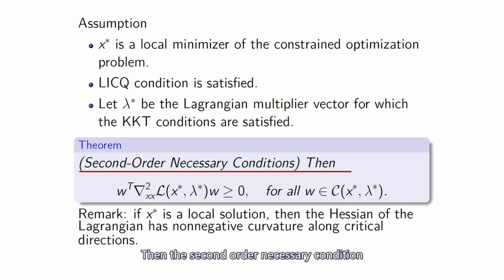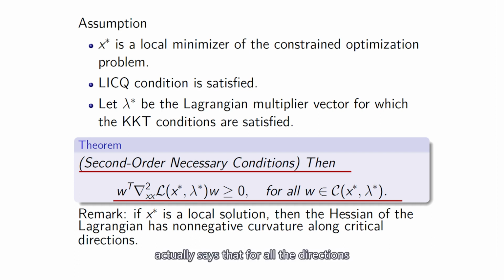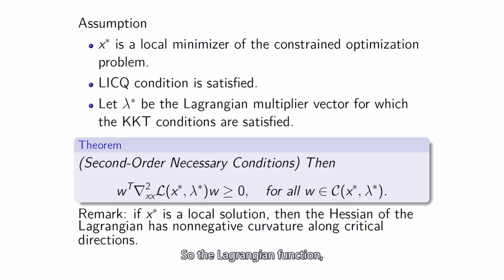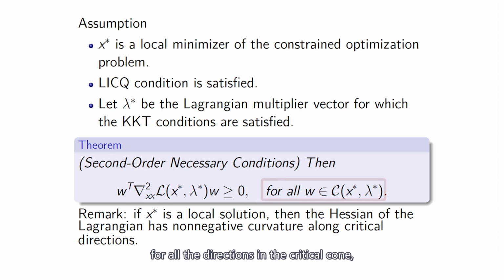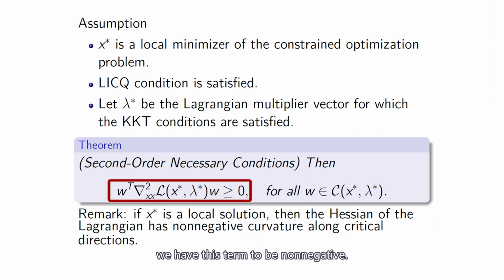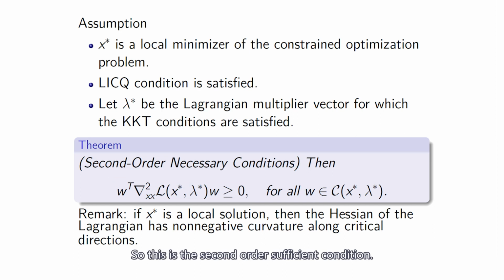Then the second-order necessary condition says that for all the directions in the critical cone, we have this result. The Hessian matrix of the Lagrange function with respect to x is positive semi-definite over this cone. In other words, for all the directions in the critical cone, we have this term to be non-negative.